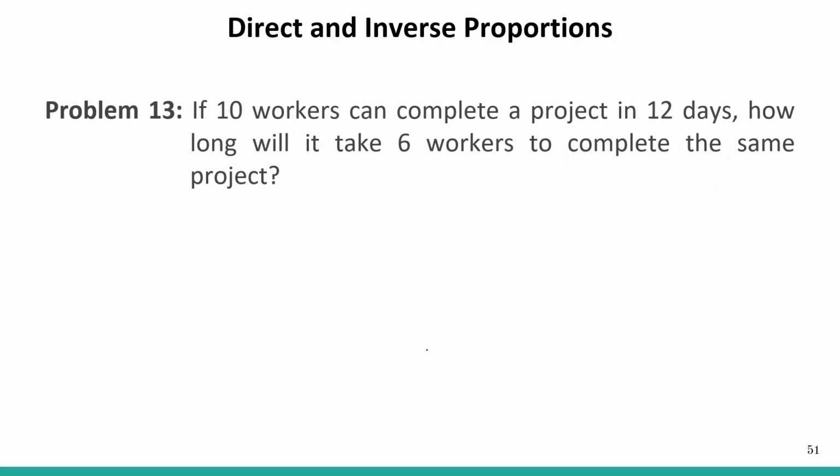So problem number 13. If 10 workers can complete a project in 12 days, how long will it take 6 workers to complete the same project? What we can do here is use the work-time equation. The number of tasks is equal to 1. So it is number of tasks into number of workers into amount of time.